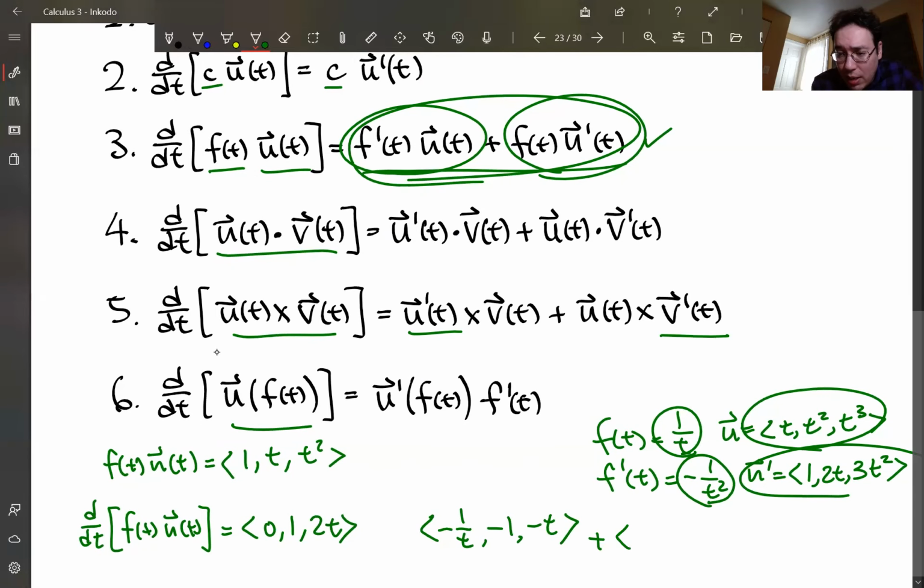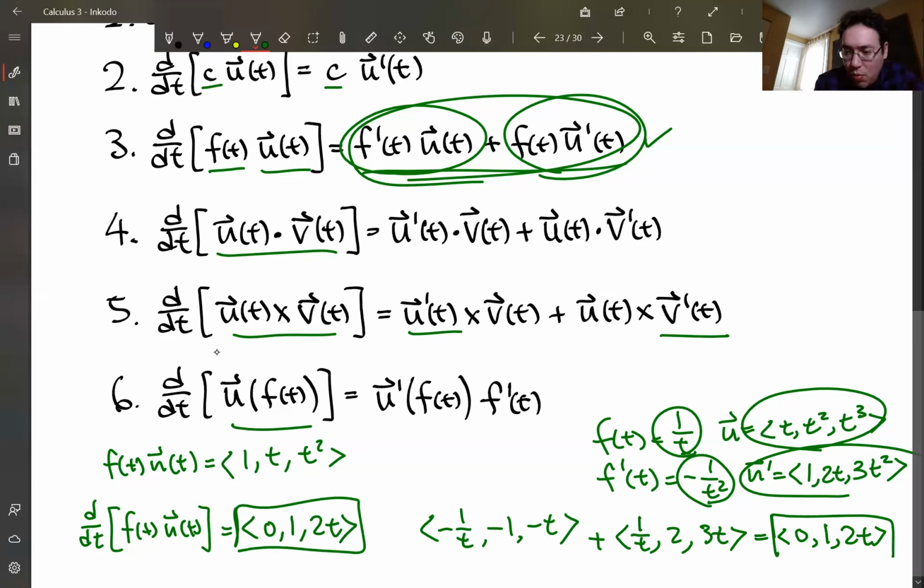So what do I get? 1 over t, comma 2, comma 3t. Okay, and if I add them, negative 1 over t and 1 over t cancel out to get 0. Negative 1 plus 2 is 1. And negative t plus 3t is going to be 2t. And now you see that it worked out to be the same.